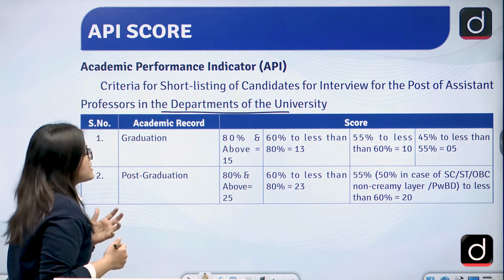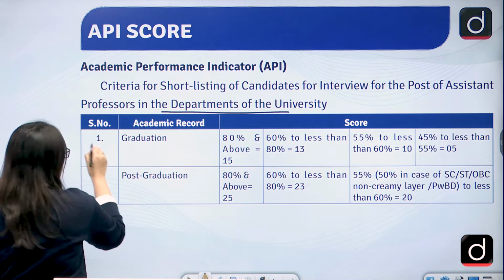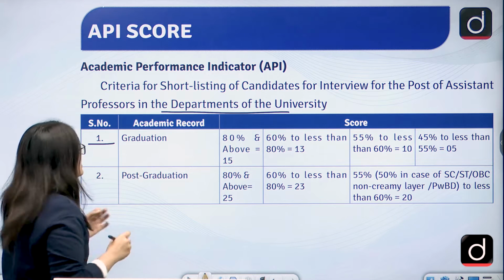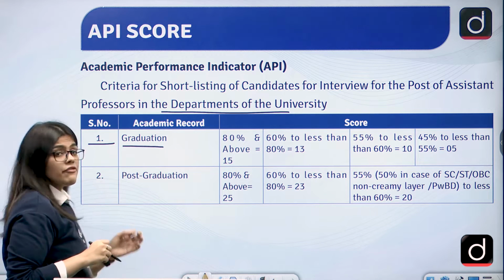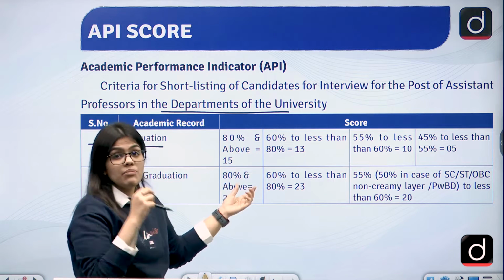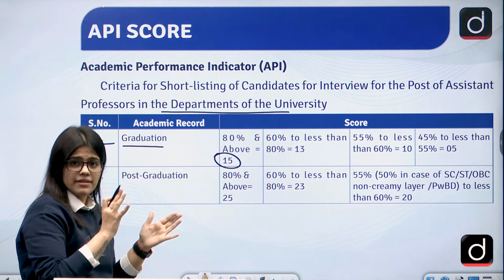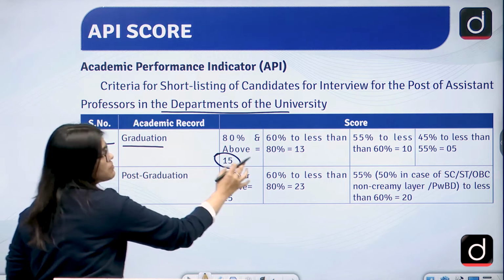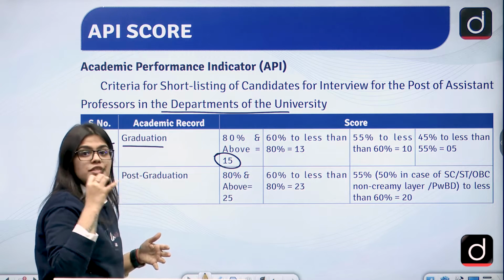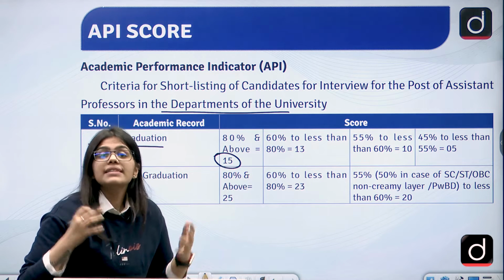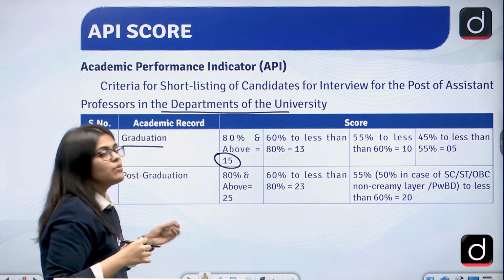So what is basically this record? The first thing that they will look for is your graduation. If you have 80% and above, you will be given 15 marks. At the end, all these marks would be calculated together, added, and on the basis of that, the indicator would be decided.